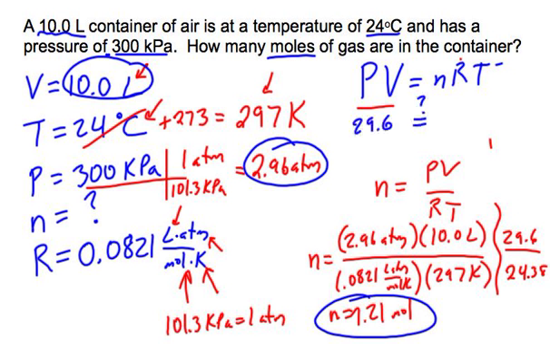Does that equal n times R times T? So 1.21 times 0.0821 times 297. So multiply that out. I'm getting 29.5. So I know there's always rounding issues, so this is pretty close. So we probably did this correctly. So there are 1.21 moles of gas in this container.